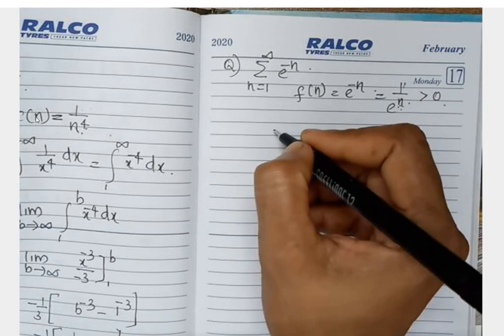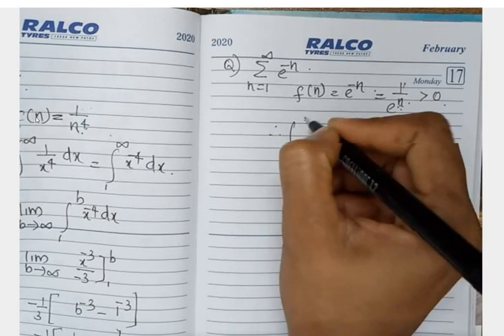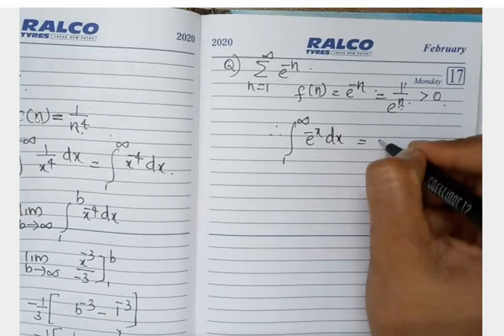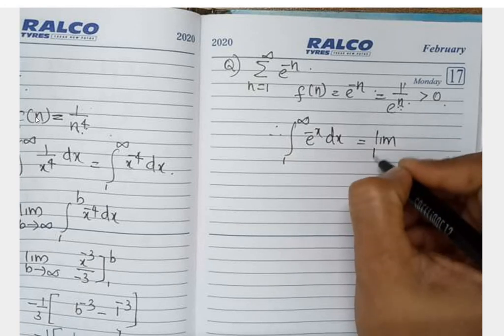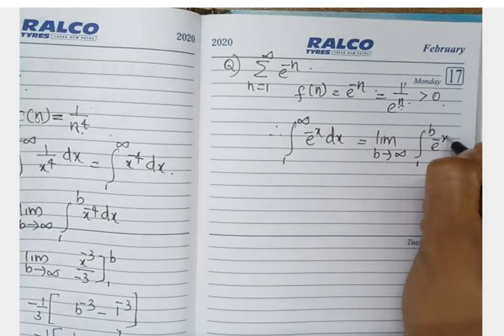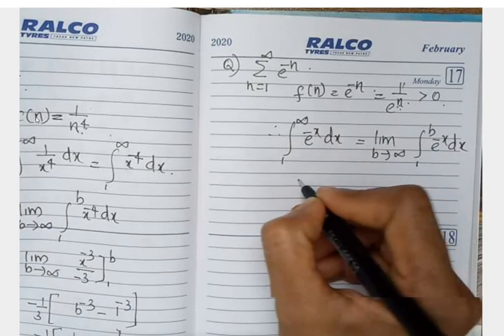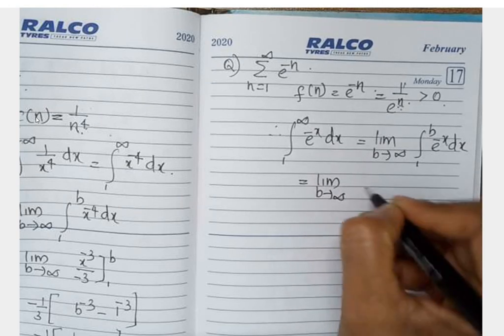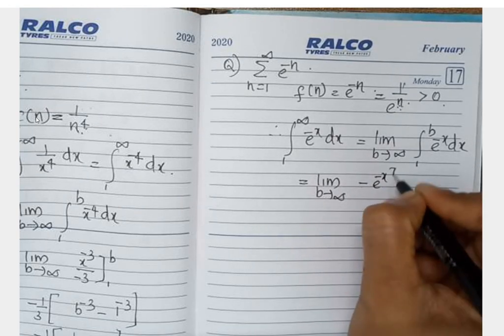Therefore, we can apply the integral test: the integral from 1 to infinity of e raised to minus x dx is equal to the limit as b tends to infinity of the integral from 1 to b of e raised to minus x dx, which is equal to the limit of minus e raised to minus x from 1 to b.